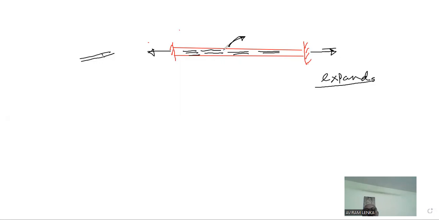So if you expand the wire very, very slowly and allow the heat to be transferred, in infinitely small steps, then we have gone through an isothermal extension of the wire.